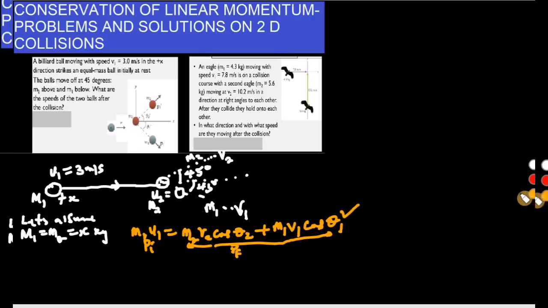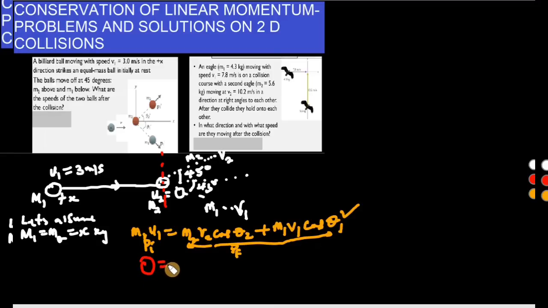So recall again from our last video, for the conservation of linear momentum along the vertical, we resolved this. This was the horizontal component of the momentum, and we're talking about vertical, so there is no initial momentum.